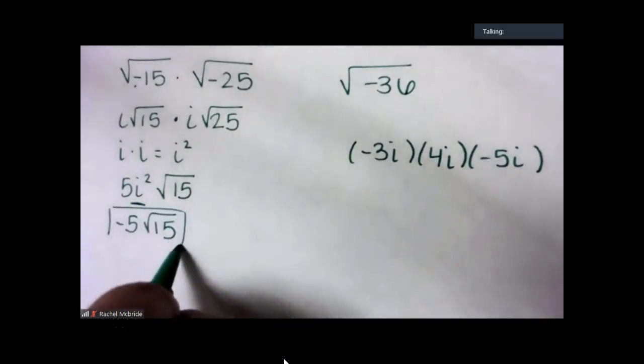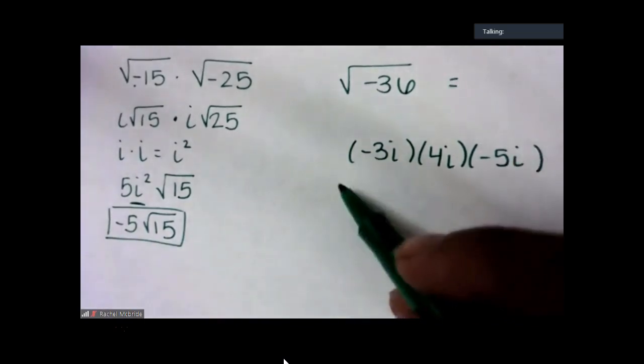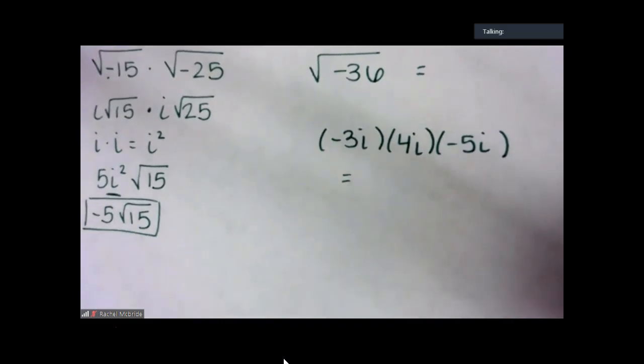We've got this answer, the answer you got here, and this answer as well. So remember, i squared is -1. i cubed is -i. i to the first is i.